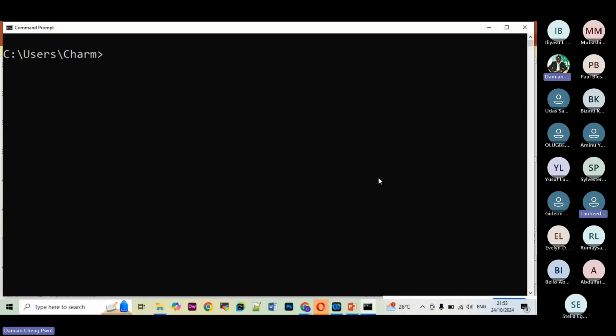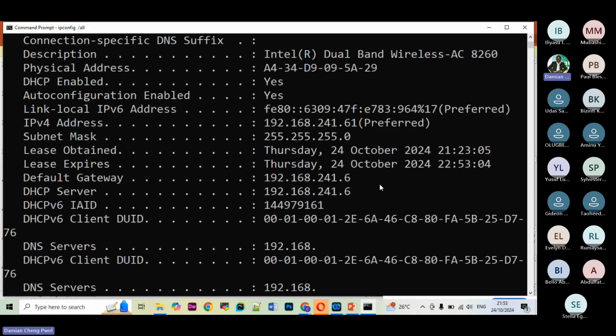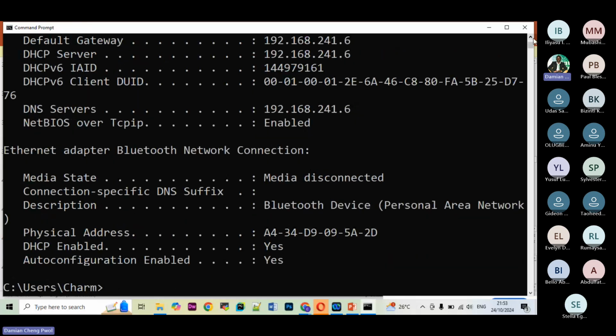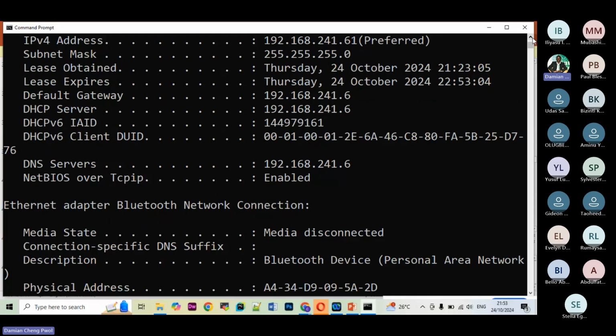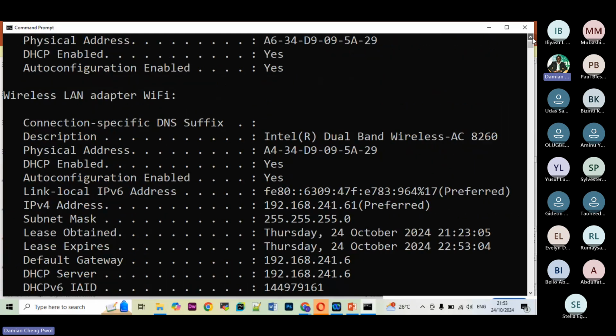All right. Now let me issue a command. There's a command we call ipconfig. When you do ipconfig, you put a space and then /all. When you put that, you have these addresses.